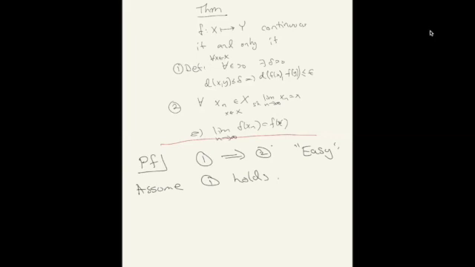Now we want to prove 2, so let's set things up for it. We are proving this for every sequence in X, so let x_n be a sequence of points in X that converges to x in X, that is, the limit as n goes to infinity of x_n is equal to x.